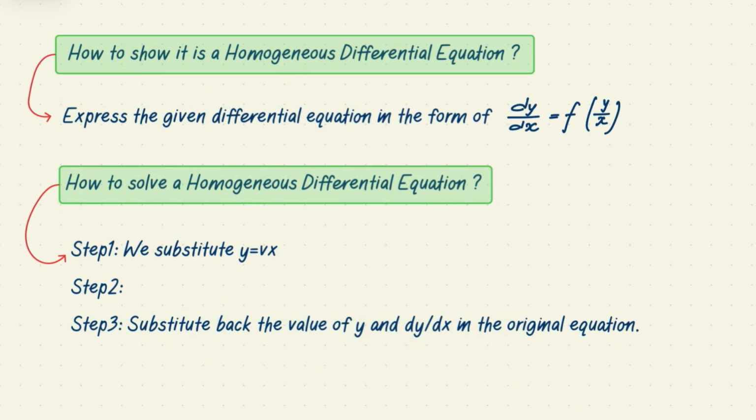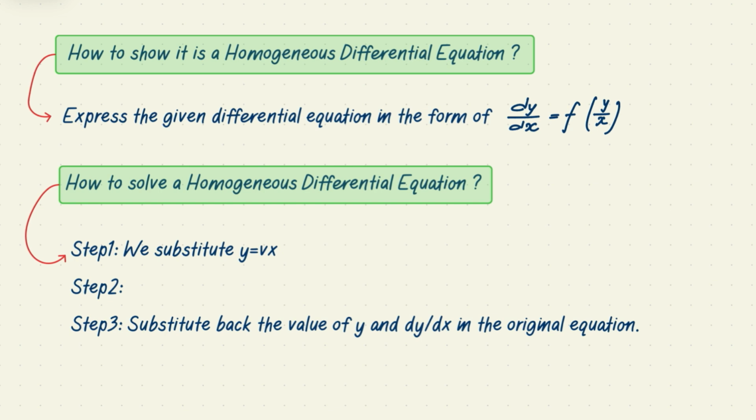How to show that a differential equation is a homogeneous differential equation? Say, a differential equation may or may not be a homogeneous differential equation. Only some equations are homogeneous differential equations. So how to recognize that type of equation? For that, we have to express the given differential equation in the form dy over dx equals a function of y over x.